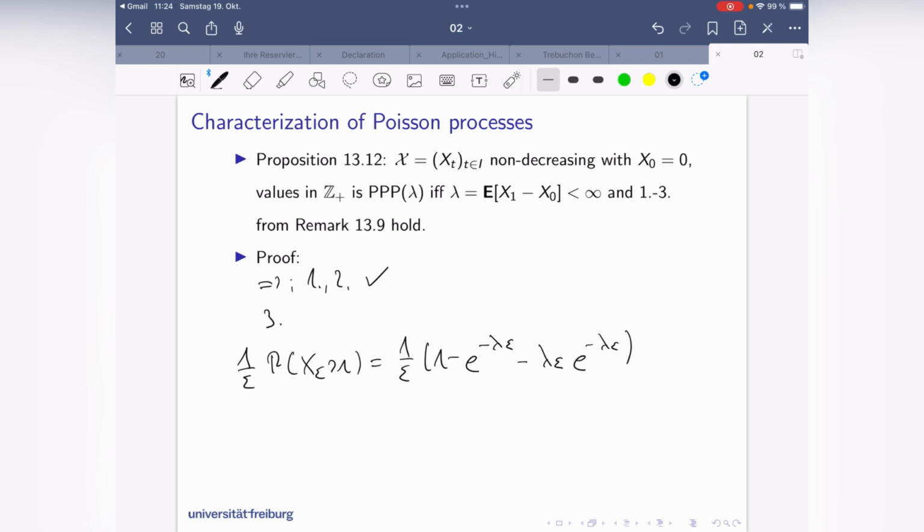And, well, maybe one thing would be to see the exponential series. If epsilon is small, then this here is basically 1 minus the parameter plus, well, parameter squared times some factor.